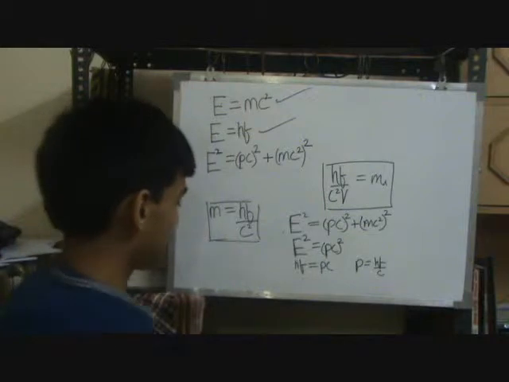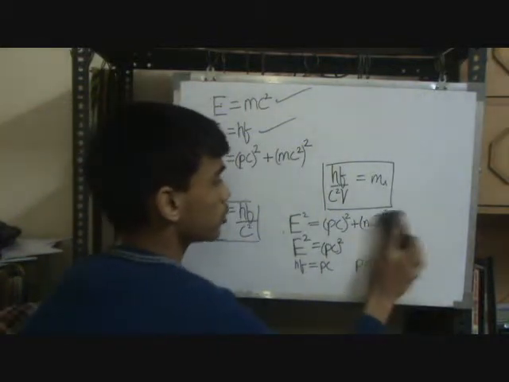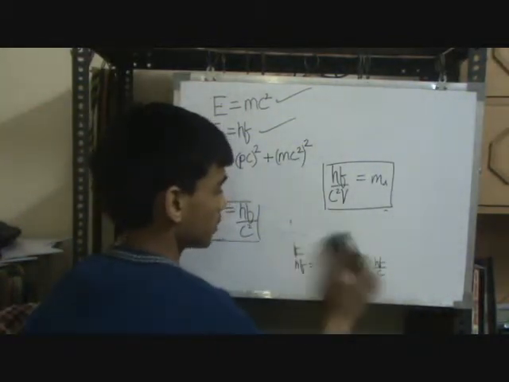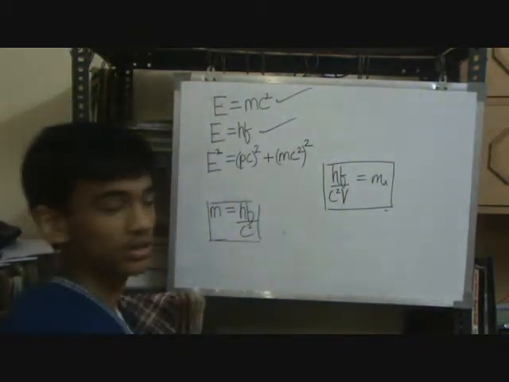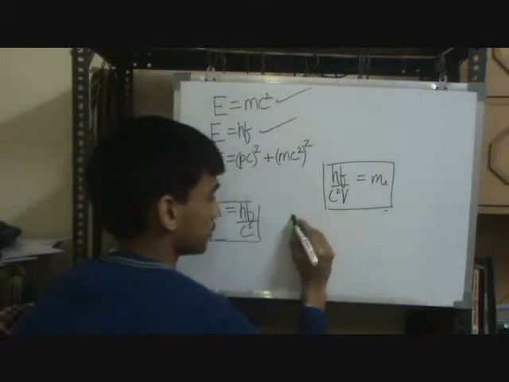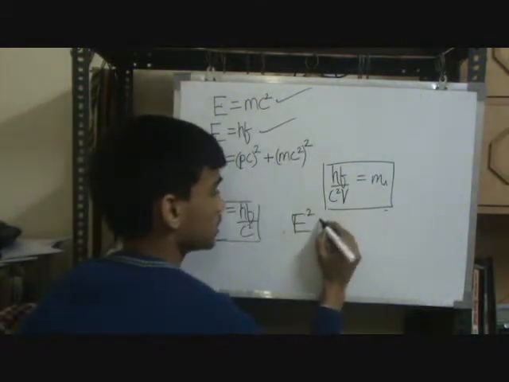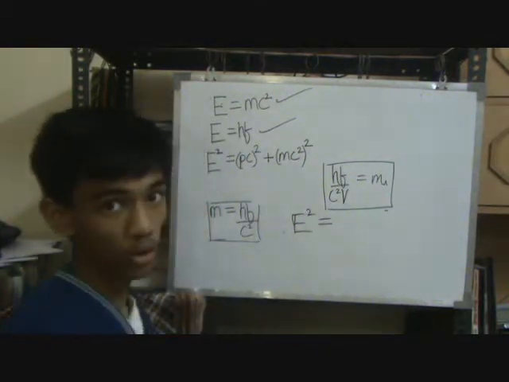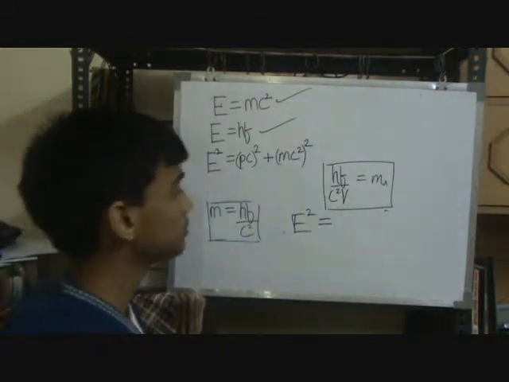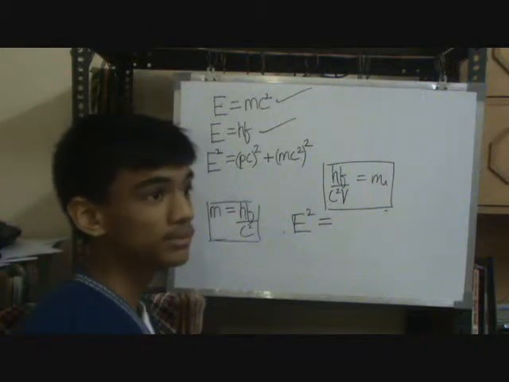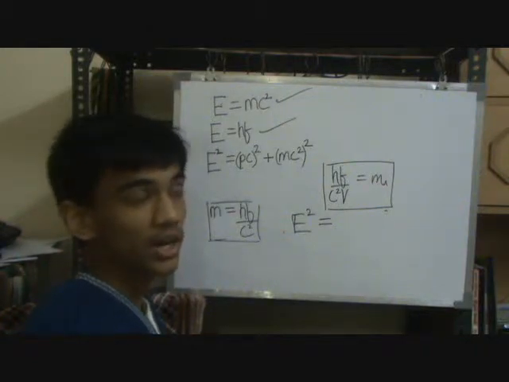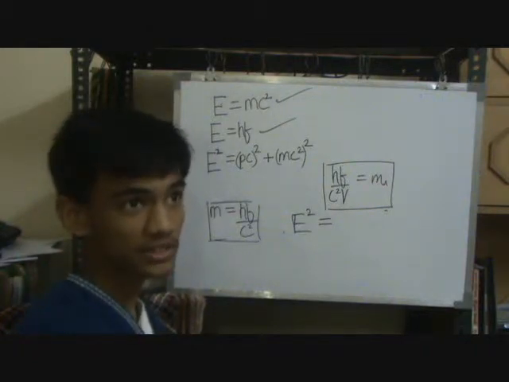Now if we don't take the rest mass of the photon as 0, we get something else. That is E square is equal to (PC) whole square plus (mc square) whole square. P is equal to mass into velocity. Since momentum is equal to mass into velocity, the mass must be taken as its relativistic mass.